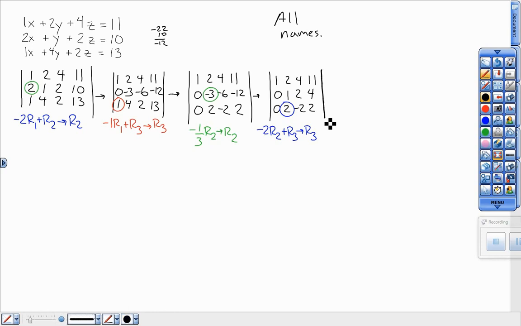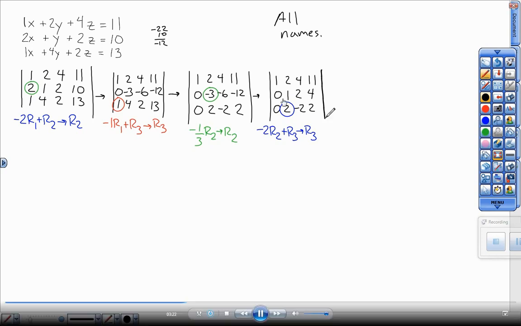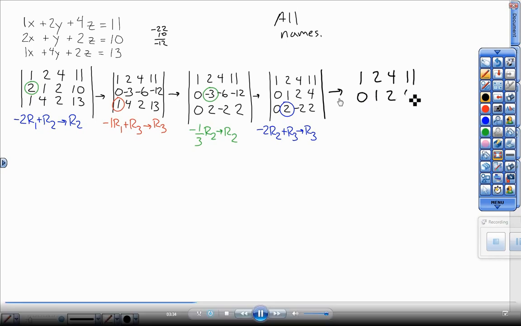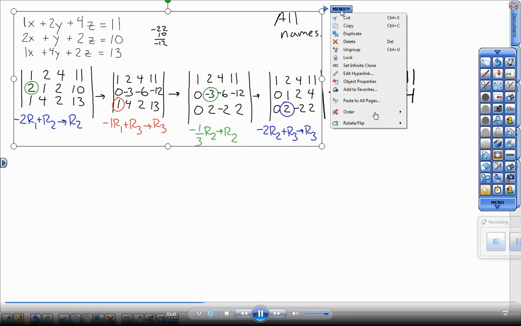So I'm going to take negative 2 times 0 gives me 0, plus 0 gives me 0. The first row doesn't change. The second row does not change. But here I go, third row. Negative 2 times 0 is 0, plus 0 is 0.